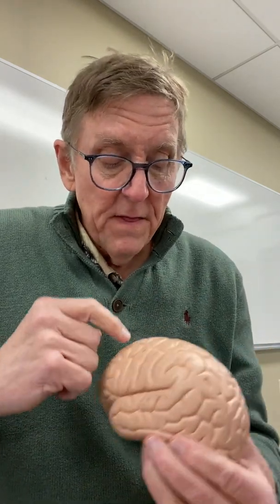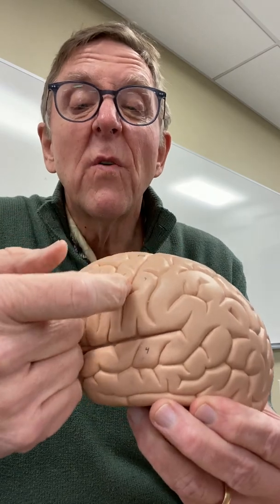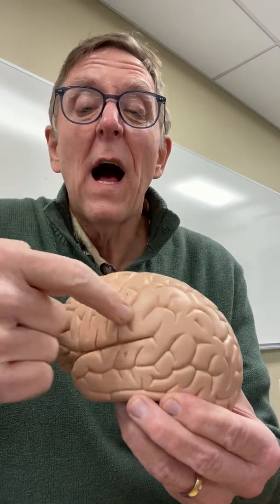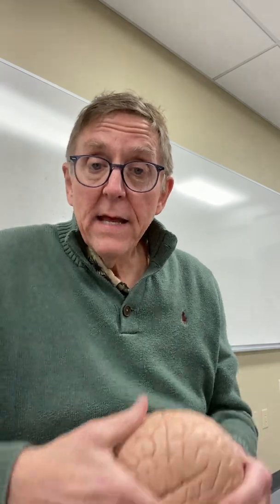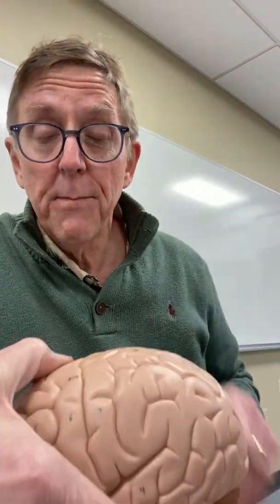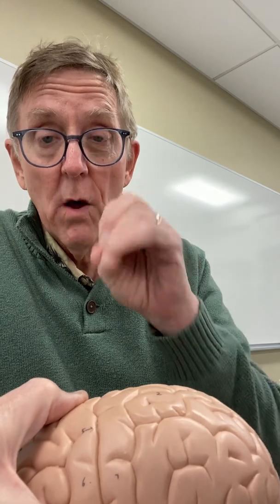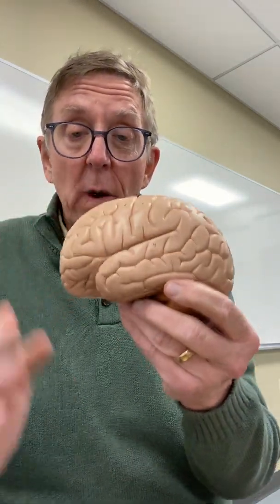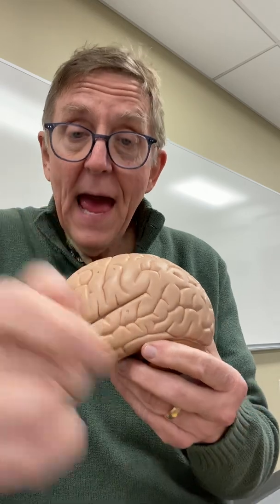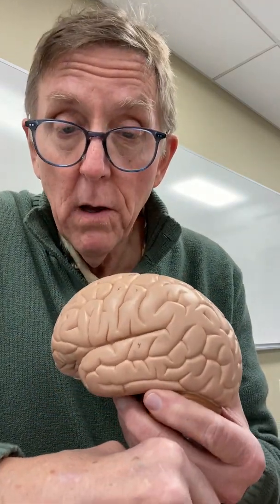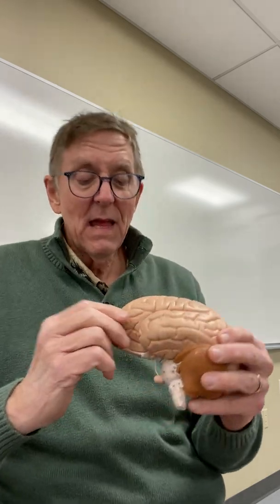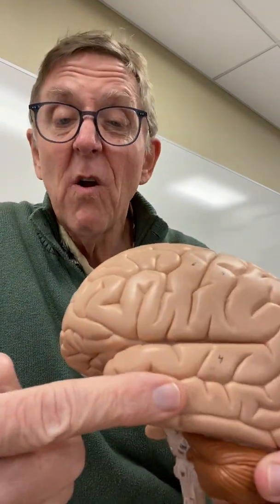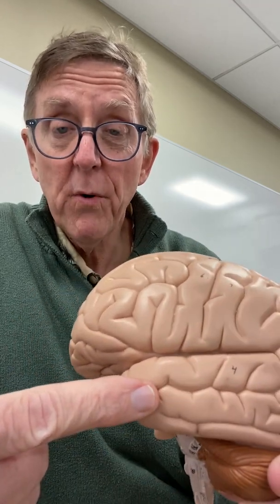Then we have this lobe that's behind the central sulcus, on top of your brain, and that is the parietal lobe. It is the primary sensory lobe. So somatosensory information, that's just sensing your body, is going to make its way to that portion of your brain, the parietal lobe. Now, hearing and smell and learning and memory are going to be associated with the temporal lobe.